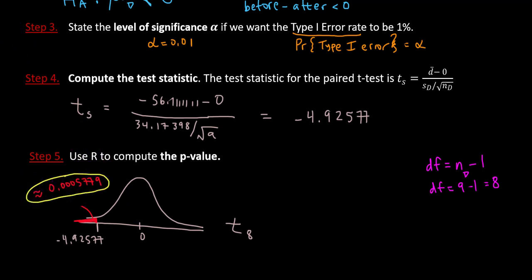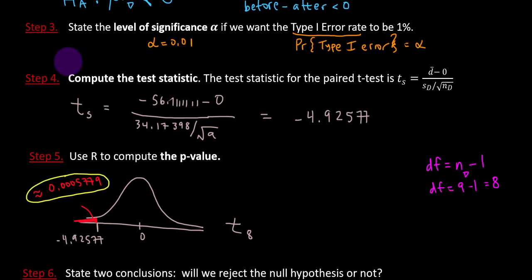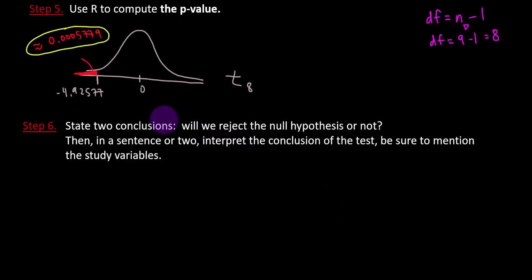Now that we have our p-value computed, and I circled it here in yellow, we are ready to state our conclusion to the hypothesis test. I like to ask that we state this conclusion twice. Can we give a more statistical and technical conclusion, and then interpret that conclusion and bring it back into context of the study and the variables that were measured?